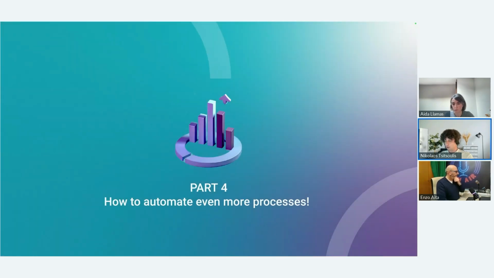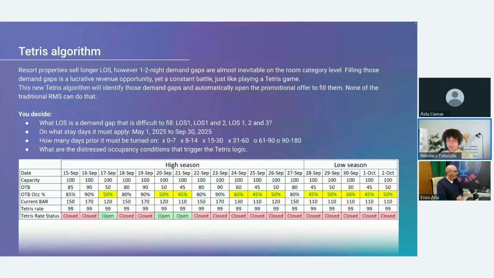And a few more things while closing. How can we automate even more processes than that? How can we automate not only our public prices, not only our derived prices like B2B prices, but how can we automate very interestingly? Since last year, as I stated earlier, I'm the owner of a hotel.